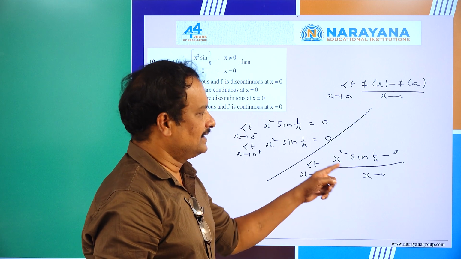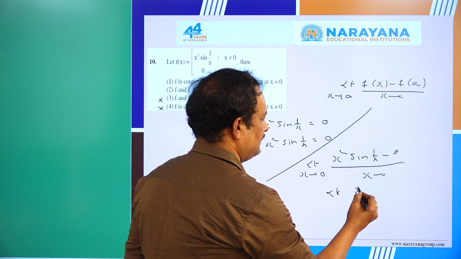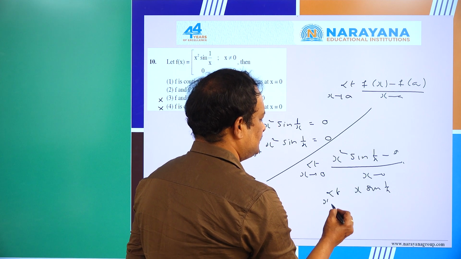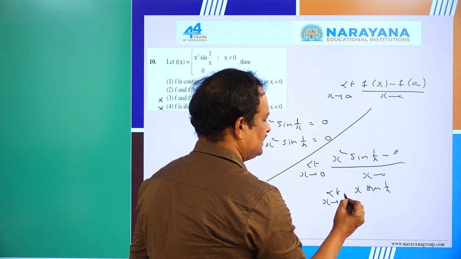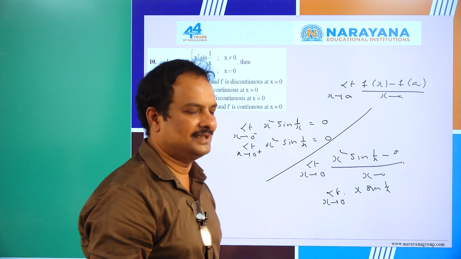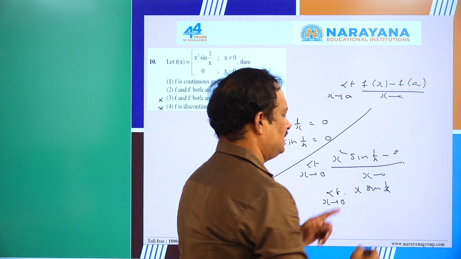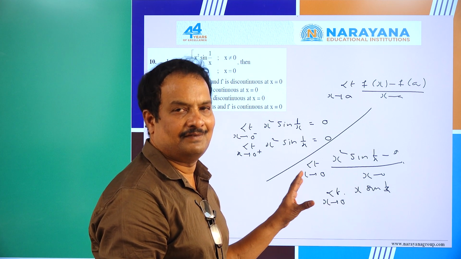So very clearly when x gets cancelled, you are still left with limit of x into sine 1 by x as x tends to 0 from the right or left. Here we are having x into sine 1 by x, and limit of this should exist as a finite value.